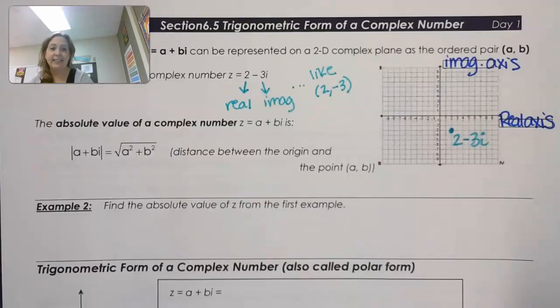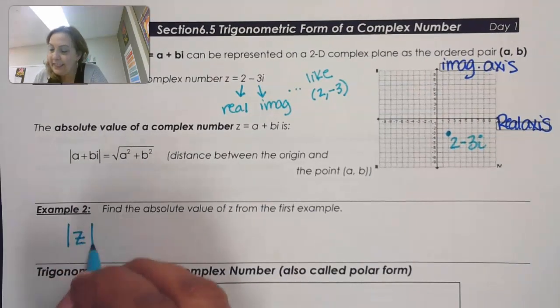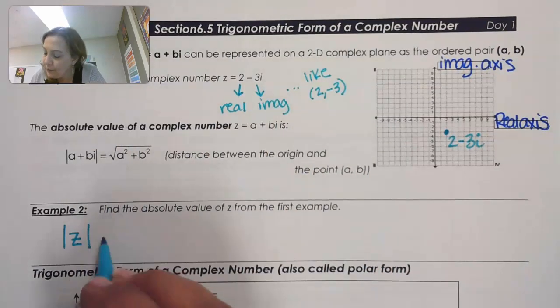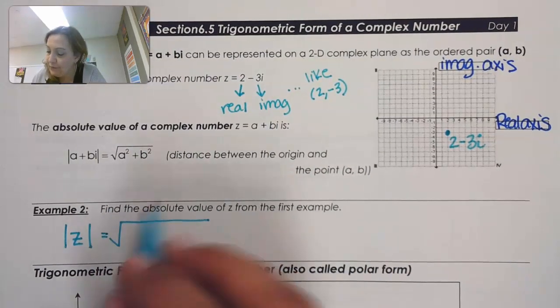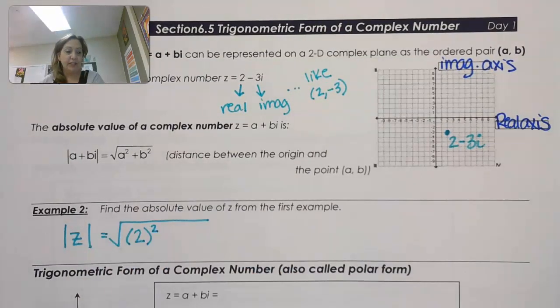So let's find the absolute value of z from our first example. Remember, our z was 2 minus 3i. To find the absolute value, we're going to take the real coefficient and square it.